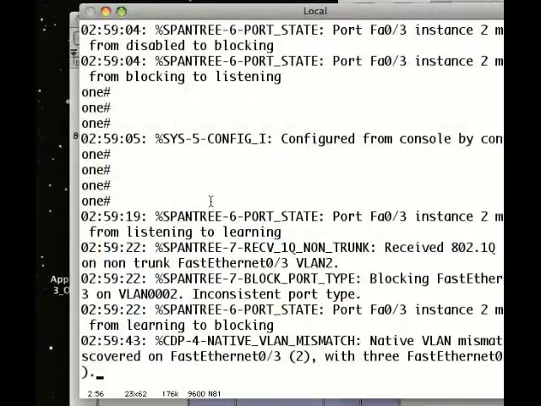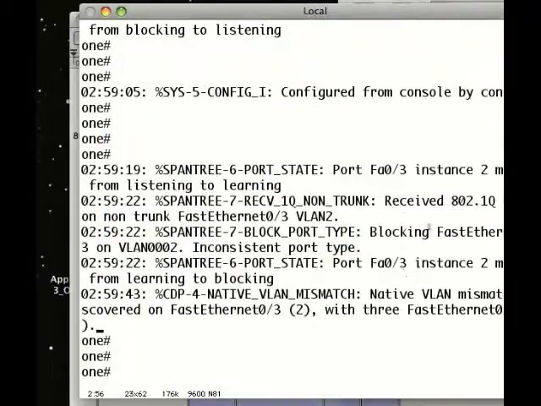And meanwhile, switch 1 is sitting here complaining because it's receiving 802.1q encapsulated frames on a non-trunk port, and it has detected what's called an inconsistent port type.